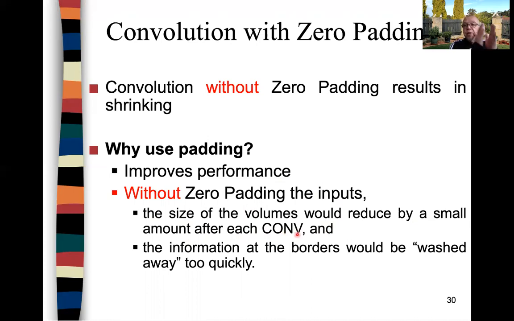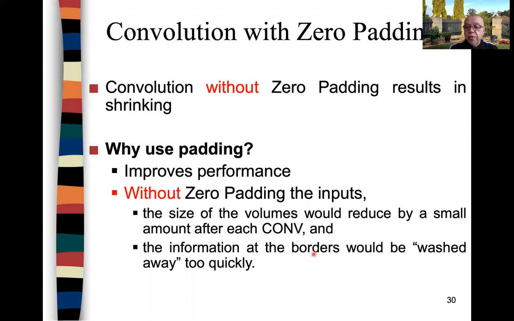Because remember, we have a number of convolutions. If you don't do the zero padding, your output after the first convolution would shrink. And then after the second one, you shrink. After that, you won't be able to do any more convolutions. So you need to do zero padding.